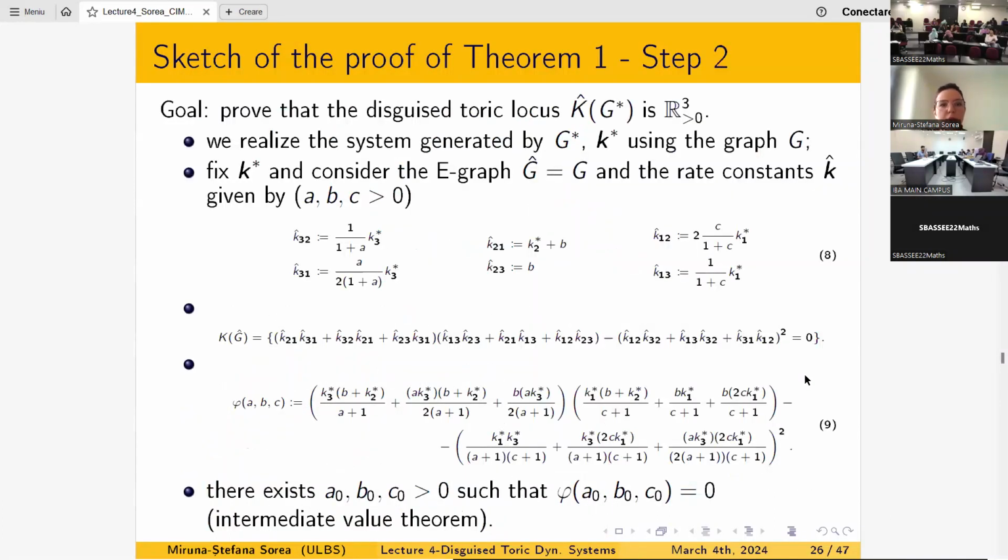So we want to prove that the disguised toric locus of this new network is the whole R3 positive in this case. That's why I said every example is somewhat different.